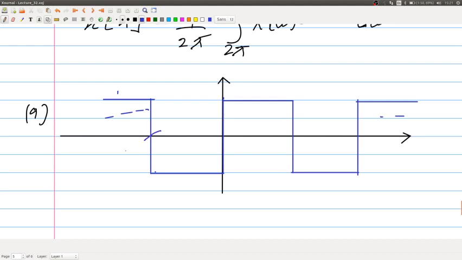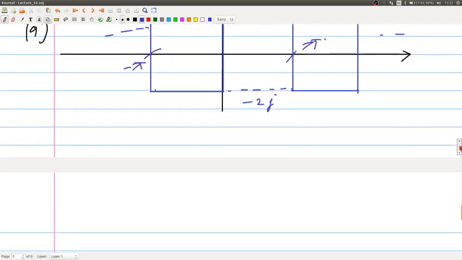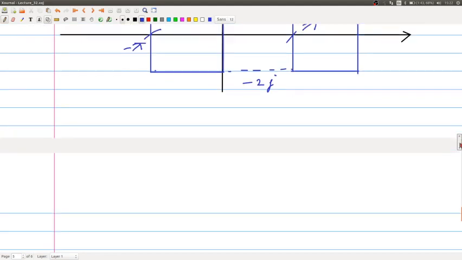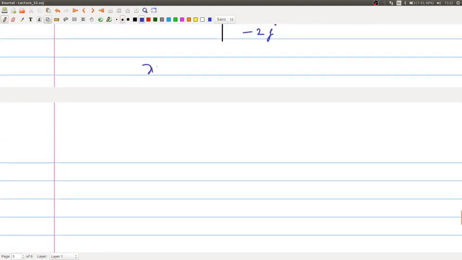So this is minus pi, and this is pi, and the magnitude here, note, is 2j, not 2 but 2j, and here the magnitude is minus 2j. So this is your x of omega. Now you want to compute x of n.